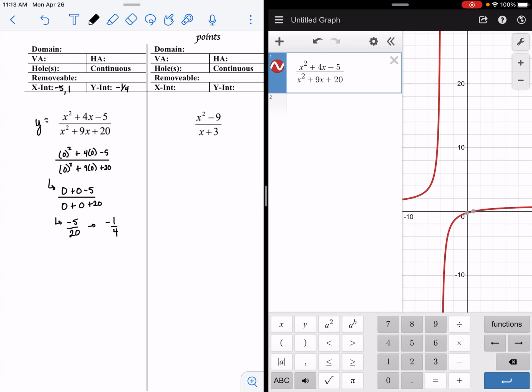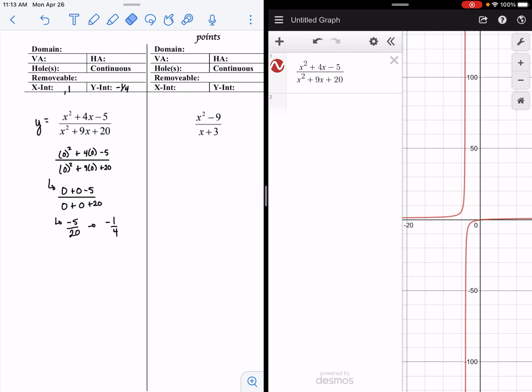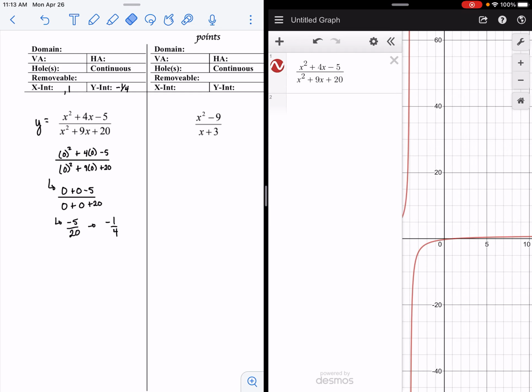So I actually need to change my x-intercept value, and it's still going to be 1. However, it's not going to be negative 5. And my y-intercept is where it crosses the y-axis, which was negative 0.25. Now, I got negative 1/4. It says negative 0.25. So if I type in negative 1/4, it will tell me negative 0.25. Just in case you're not good with fractions, you can do this.